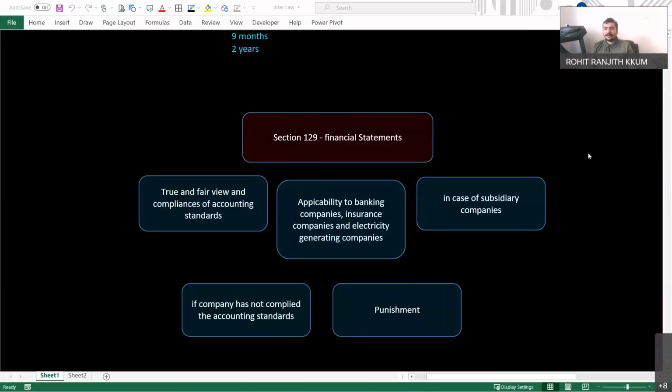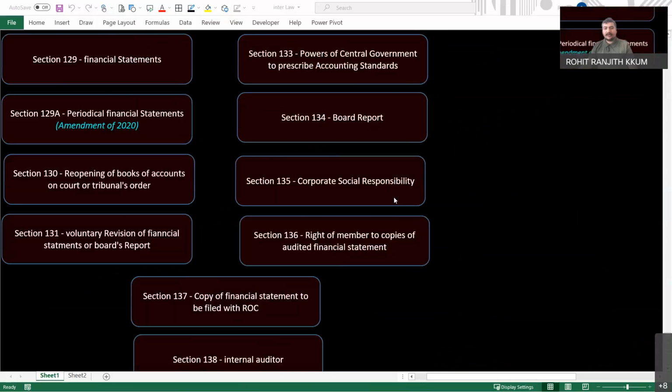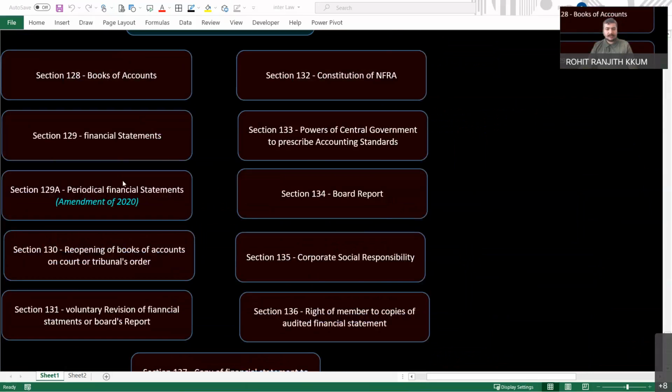The concept here is almost similar. Now, why am I saying it is almost similar? Look, if you compare this 130 and 131 here, 130 is about reopening of books of accounts, and the second, 131, is voluntary revision of books of accounts.